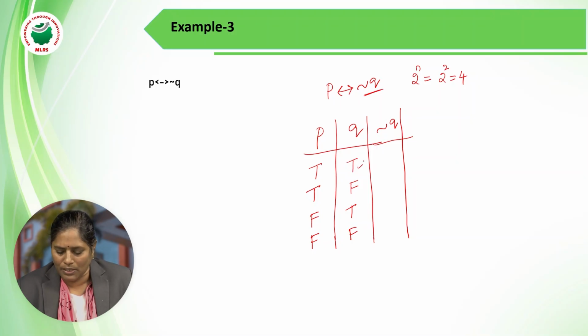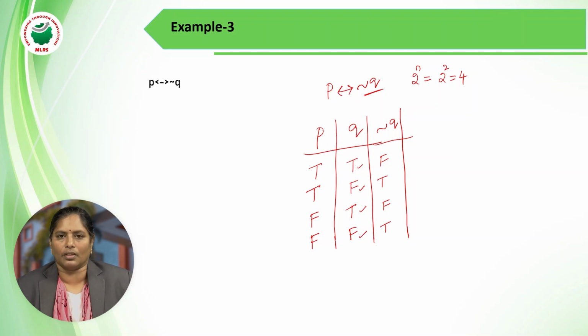So, if Q is true, negation Q will be false. If Q is false, negation Q will be true. Negation means the opposite condition.